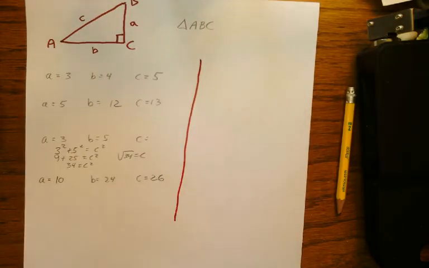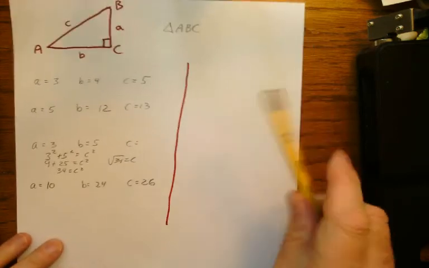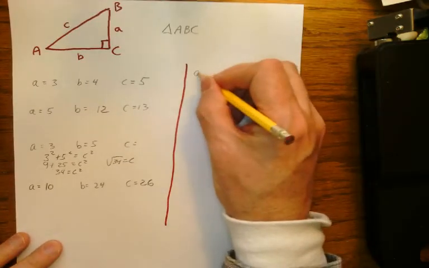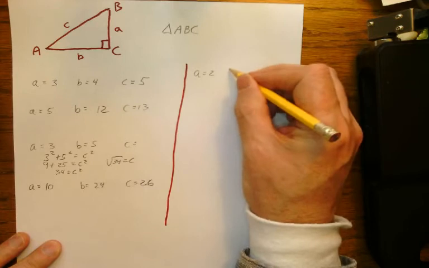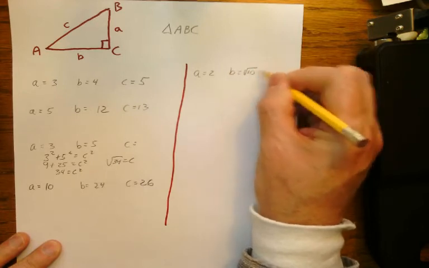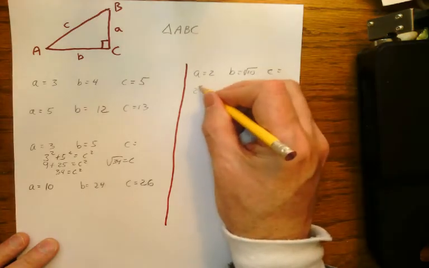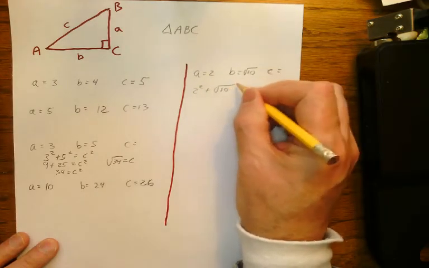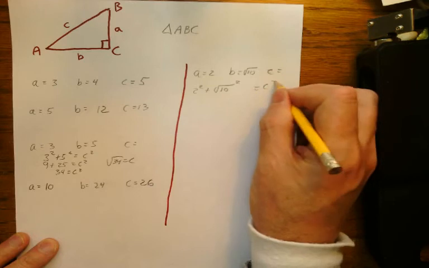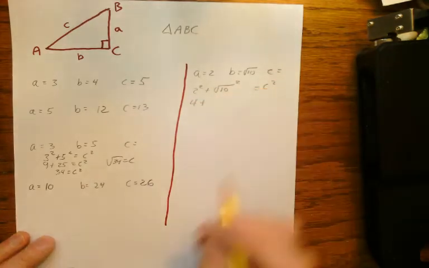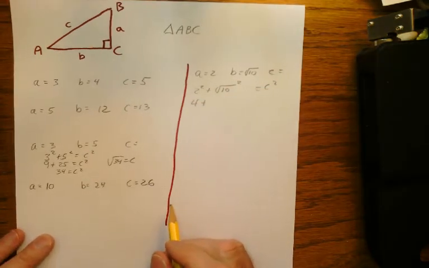What if I gave you a problem where I said something like a is 2, b is square root of 10, and find c, right? Well, you would have to do 2 squared plus the square root of 10 squared equals c squared. You get 4 plus, well, what's the square root of 10?